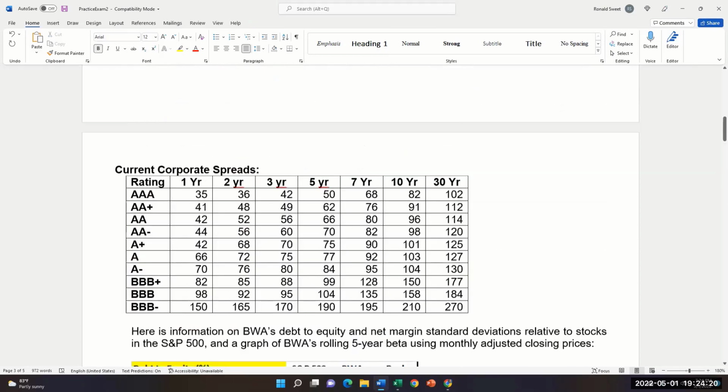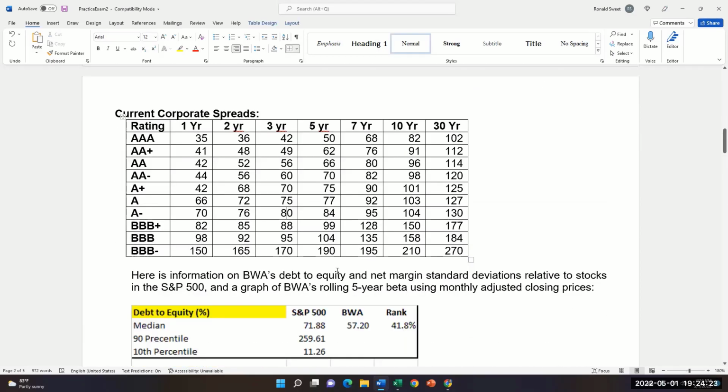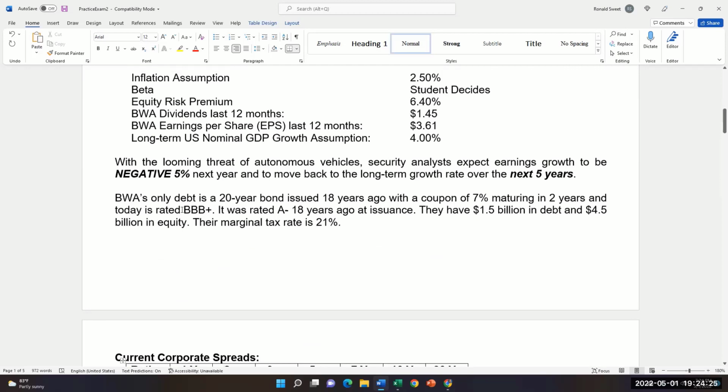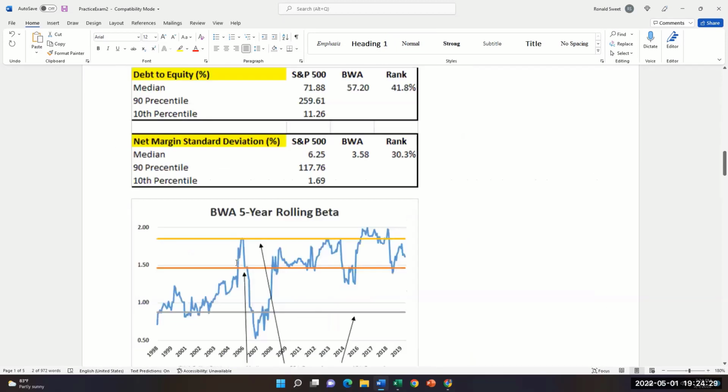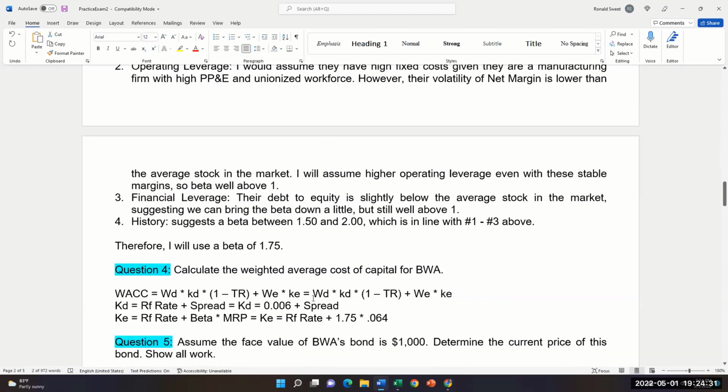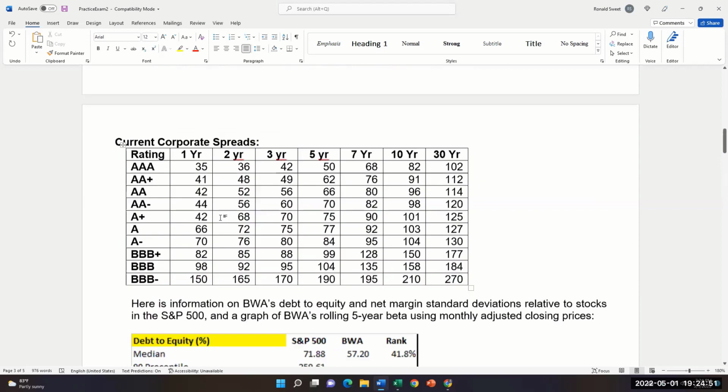And our spread, for the BBB plus for 2 years, that's 85. So that's plus 85 divided by 10,000. That's going to equal 0.0145. So we've got their cost of debt. You'll see how I'm converting everything into decimals. All right, what else do we have?